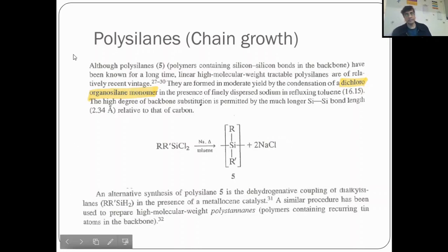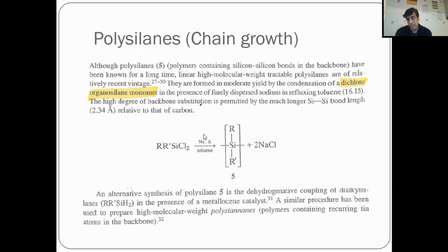Because silicon has four valencies, you can put two substituent groups R and R, which could be two methyl groups or methyl ethyl, whatever you like, and two Cl groups which can undergo reaction. So sodium will be used, that will replace the Cl, because if you put water here, then this will be converted into hydroxy groups, and hydroxy groups will not give you polysilane, they will convert it into polysiloxanes.